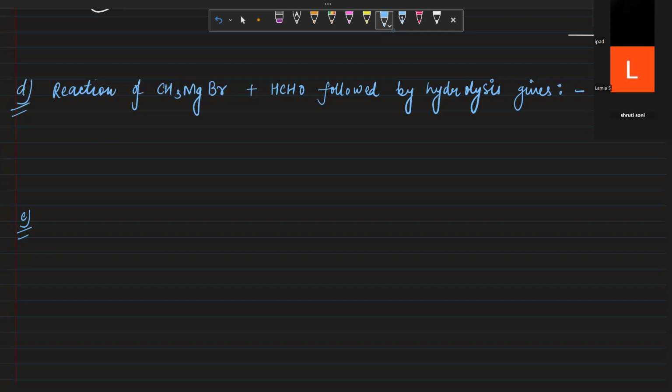Wait, this one's not hydroboration oxidation, obviously. This is Grignard, sorry. Grignard? Yeah, Grignard. Okay, CH3MgBr.